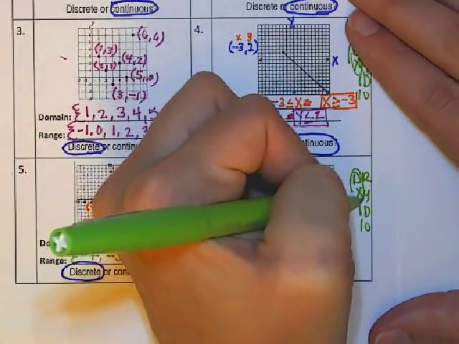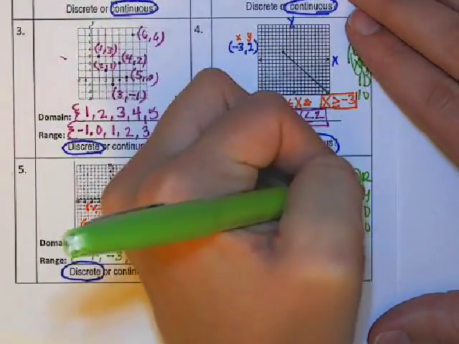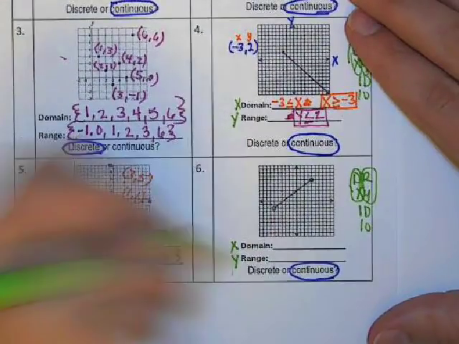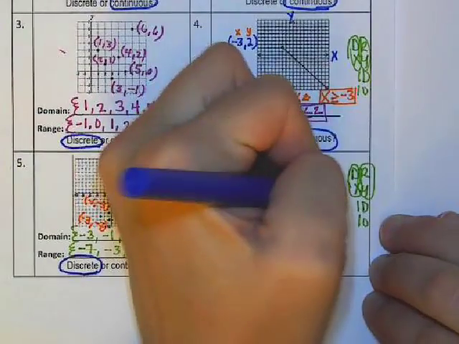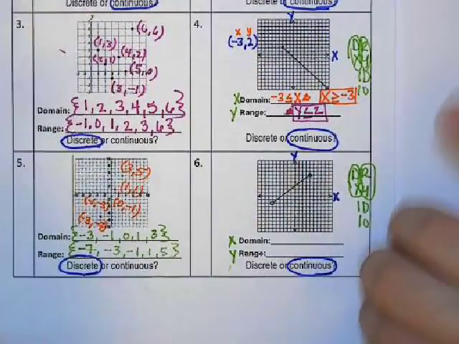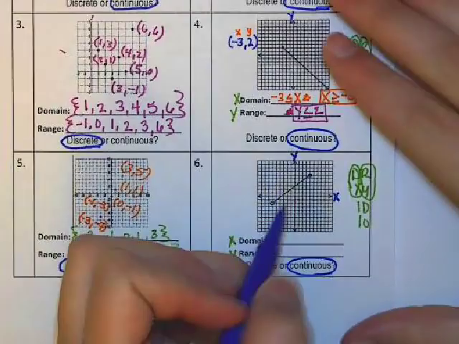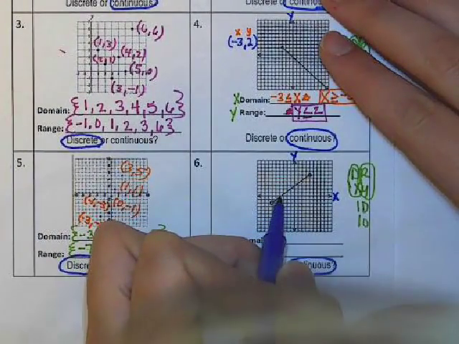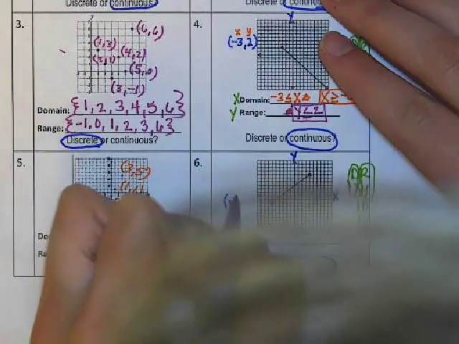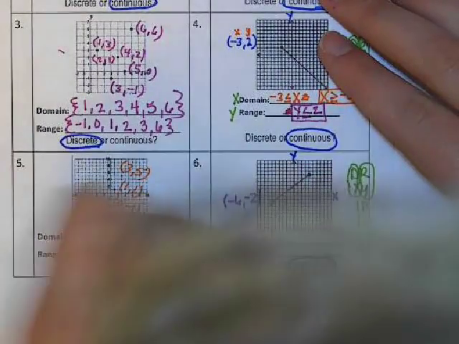So I know domain is X, range is Y. Now what? Label the axis, good. So X and Y. Then let's go find our coordinates. I'm going to start with this one, the open dot. This is negative 6, negative 2.